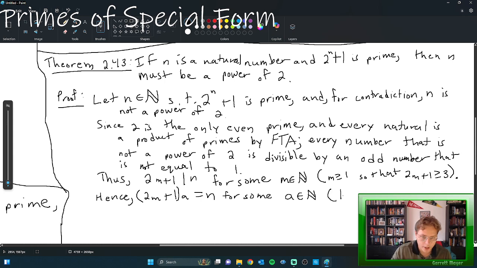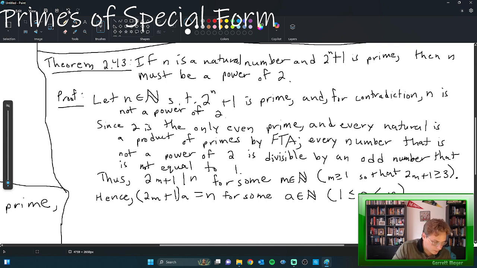Also note that a has to be greater than or equal to 1 because 2 to the m plus 1 cannot be greater than n, basically. Because otherwise, how would it divide n? And then additionally, a has to be less than n because 2 to the m plus 1 is greater than or equal to 3. The only way for a to equal n would be if 2 to the m plus 1 equals 1, but that's not possible.